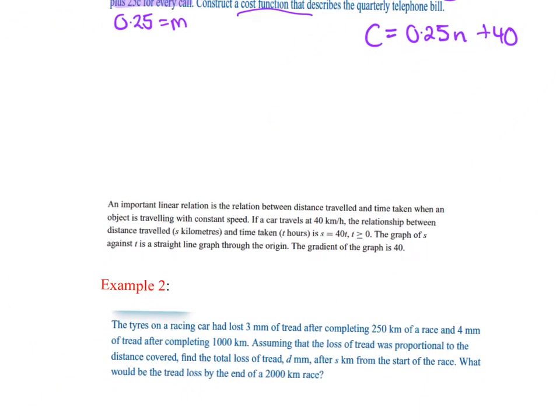I think I've just added this little statement in here to help you. So an important linear relation is a relationship between distance and time travel. They often have these as graphs, so often it's distance over time.